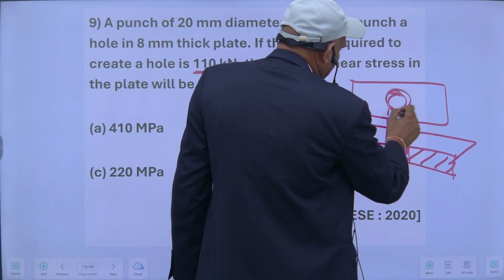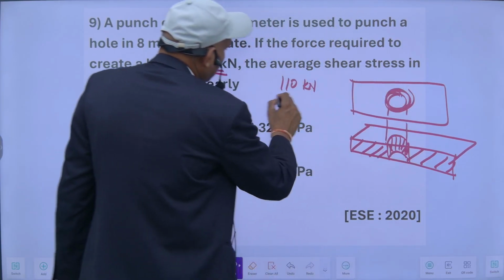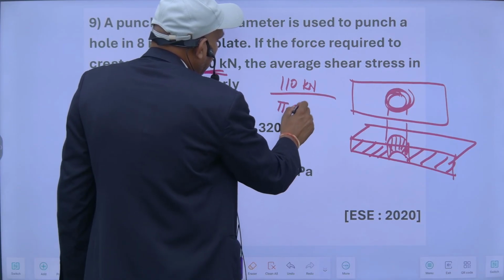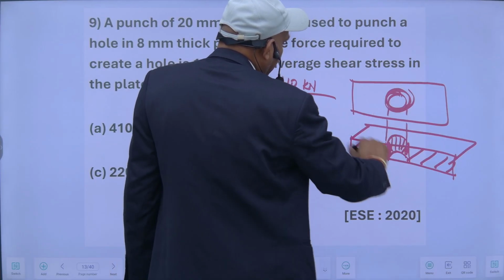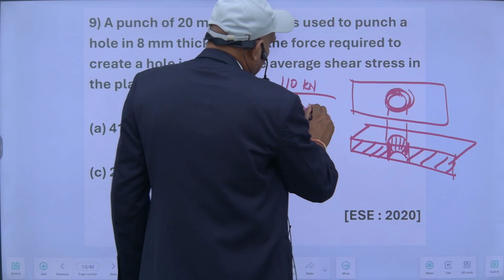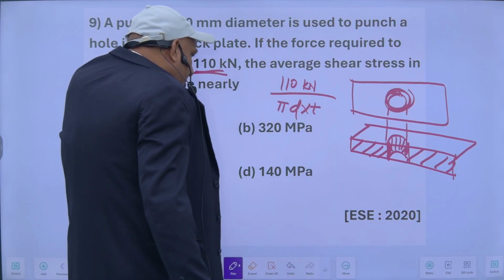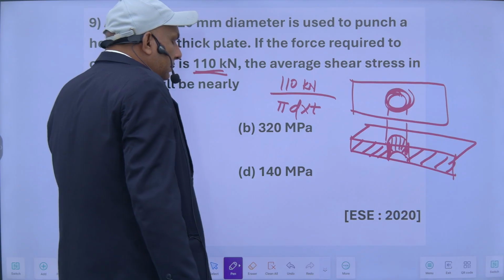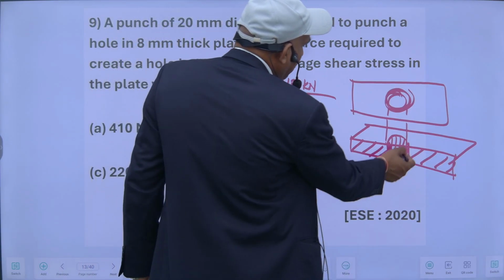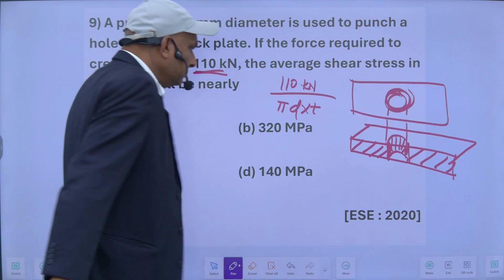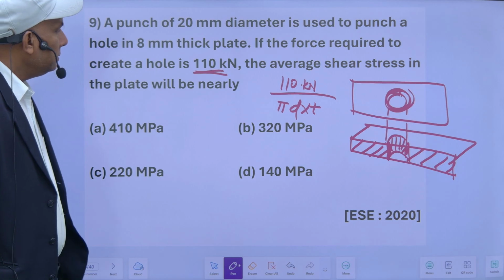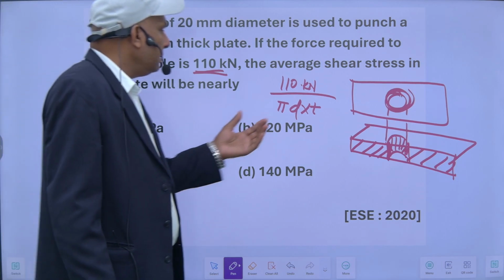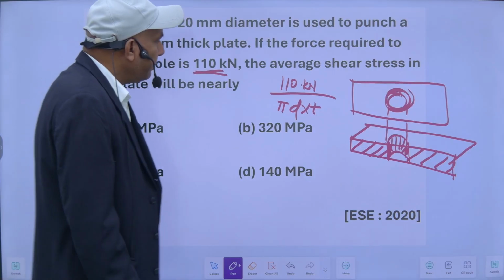The perimeter of this will be pi d into the thickness. So this will be the surface area where shear stress will act. So shear stress will be this shear force divided by this.